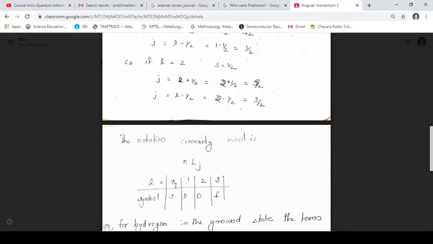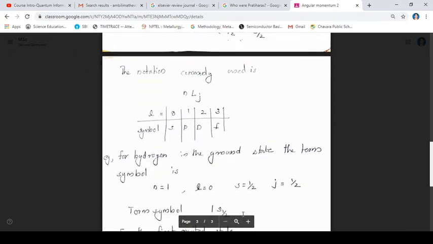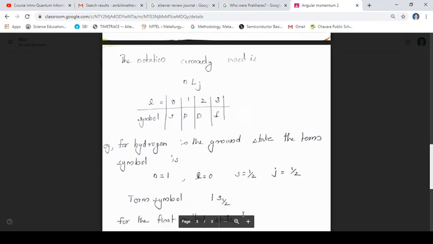Now for l equal to 0, 1, 2, 3 the symbols are s, p, d and f, like that it goes. So now we'll try to find out the term symbol in the case of hydrogen. Suppose the electron is in the ground state, then how will you represent the state of the electron?